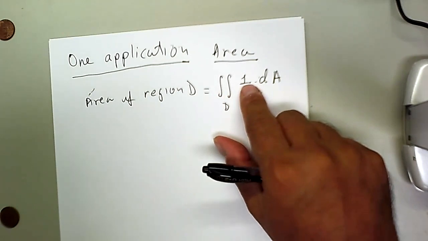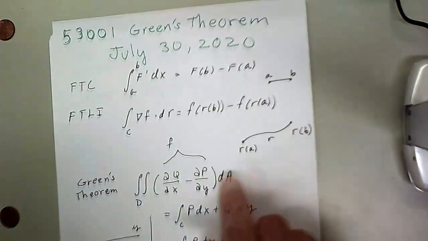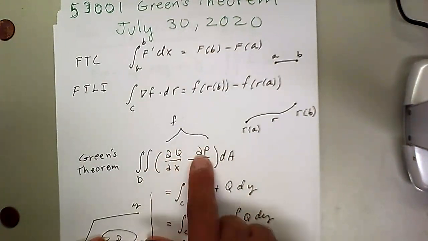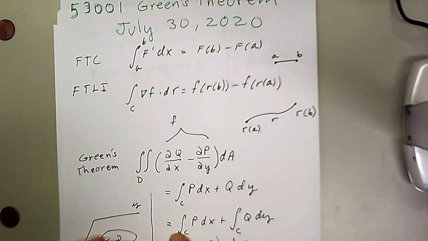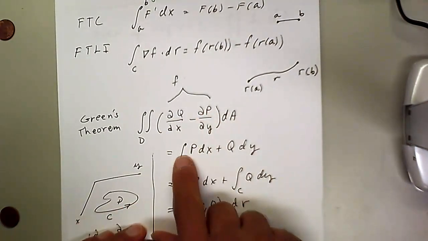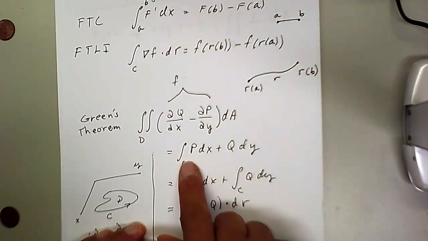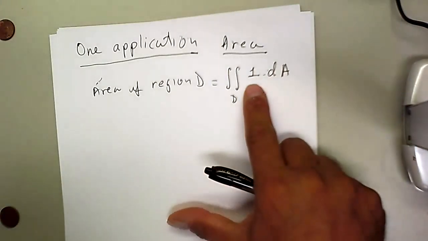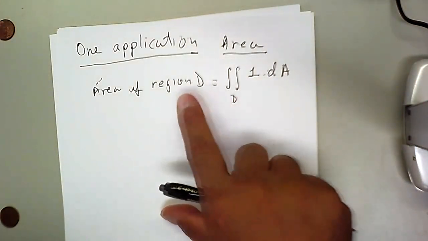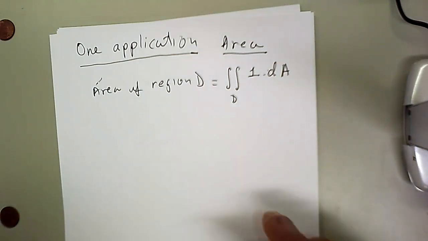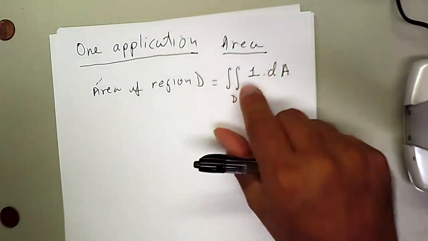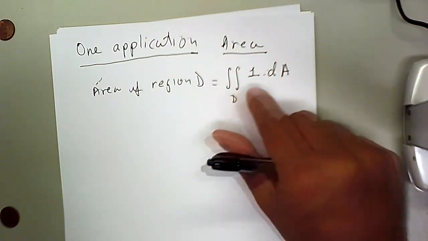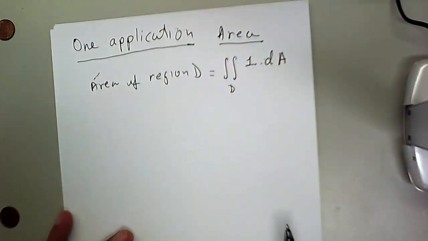Now, Green's theorem says if this double integral of this function has this particular form, then we can instead find the line integral of those two. So the question is, can we write 1 as partial of Q with respect to x, subtract partial of P with respect to y, and get 1? And the answer is yes.